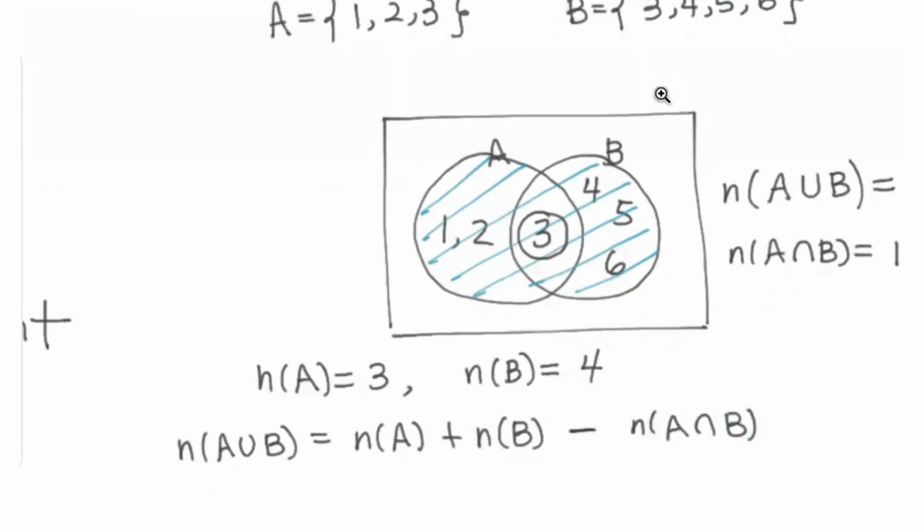Notation for the number of elements is usually n, but sometimes we denote it by f sub value, number of elements, minus f sub value, A and B. Notation, cardinal number. So we only count once.